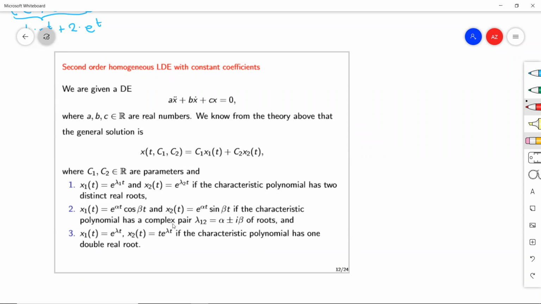And we will see next time that this t times e to lambda t is responsible for the natural occurrence which is called resonance. You probably heard about resonance.